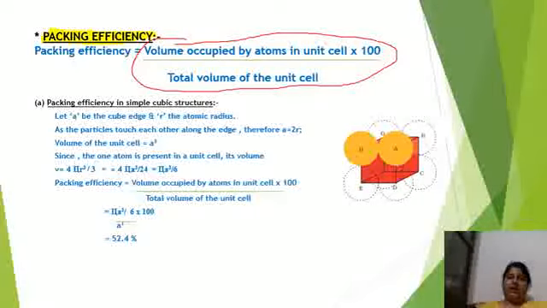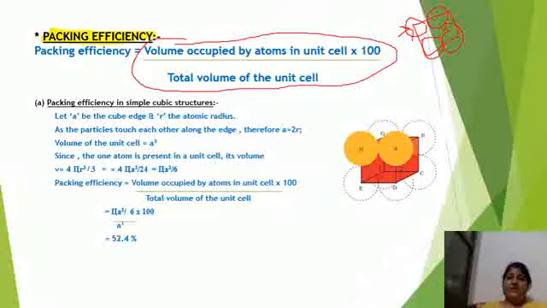Suppose there is a unit cell, and there are 1, 2, 3 and 4 particles. So these constituent particles, the volume of these 4 particles will be different and the total volume of the unit cell will be different.